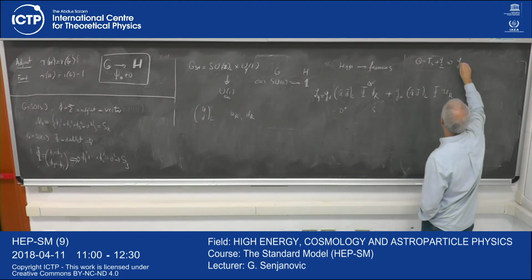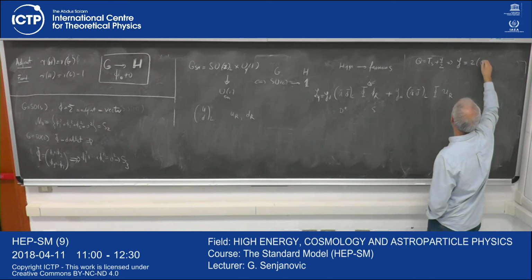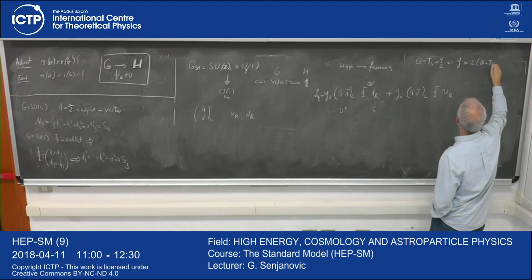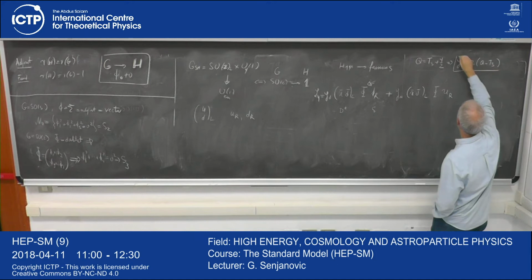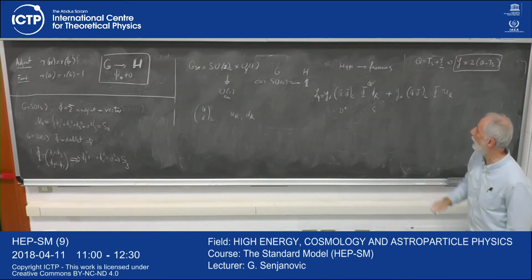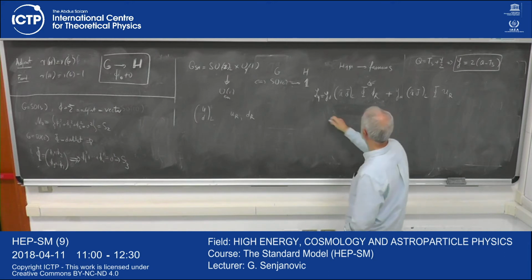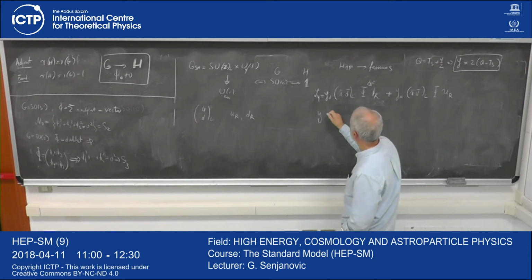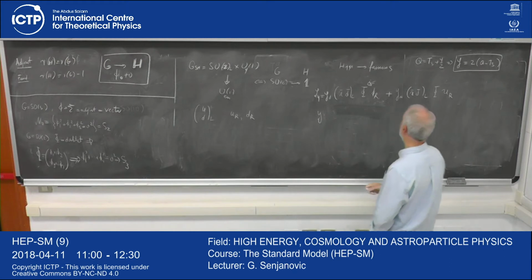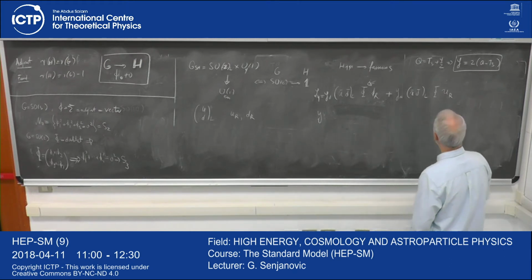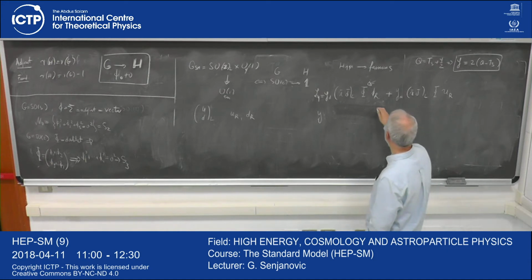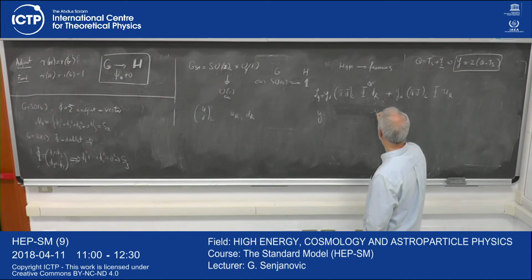So Y is 2Q minus T3. This is actually the way it works. I know Q. So for example, for d_R, let me write the hypercharge here. Unfortunately, hypercharge and Yukawa are both called Y, but it should be clear from the context. So what is the hypercharge of this? It's minus 2/3.